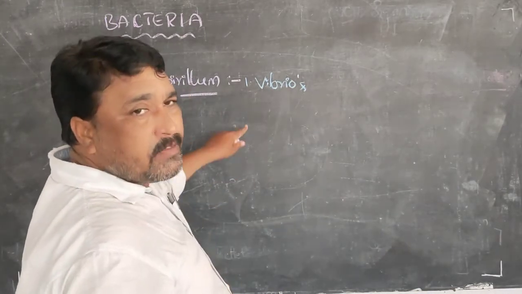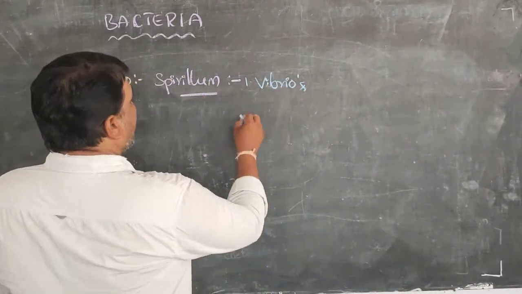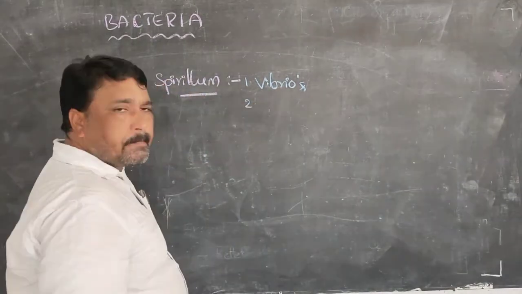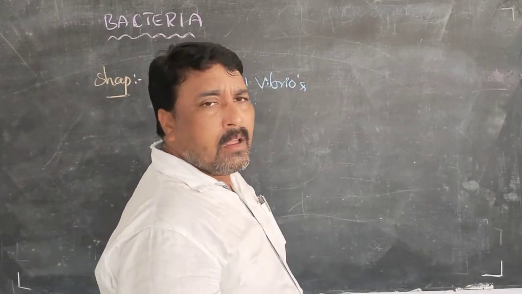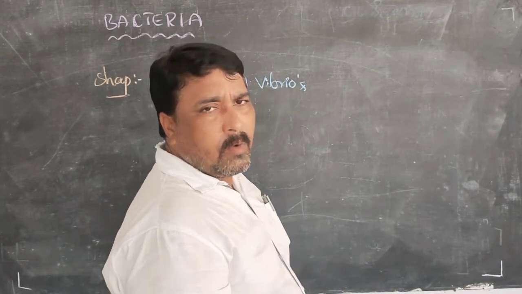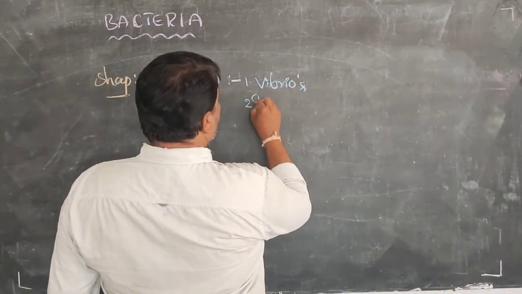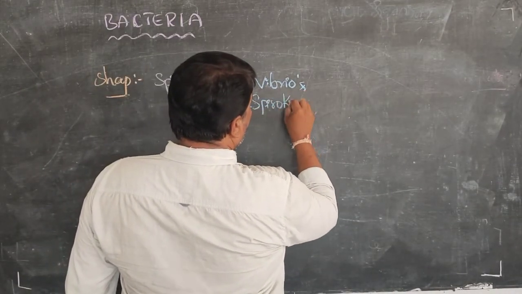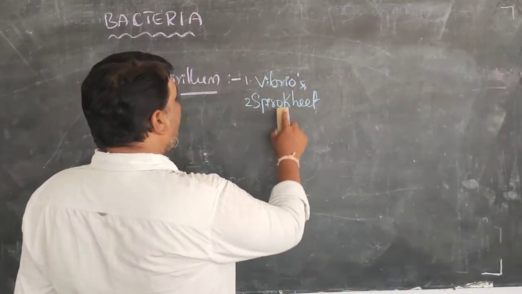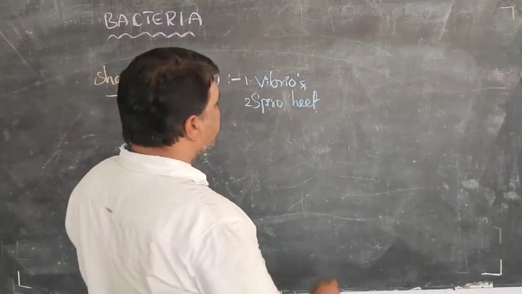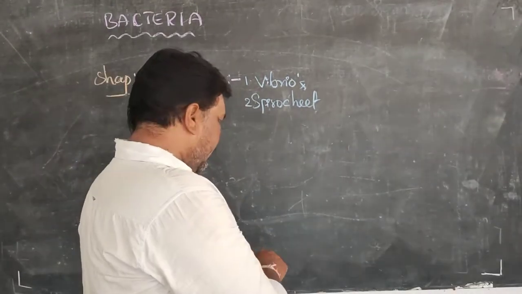A single twisted bacterium. The second one is more than two twists, called spirochetes. Spirochete. This is the twisted bacteria.